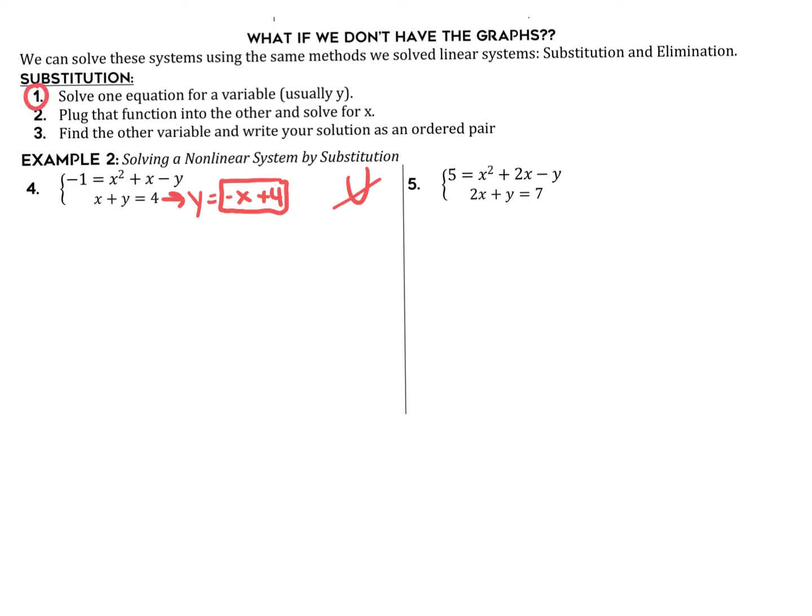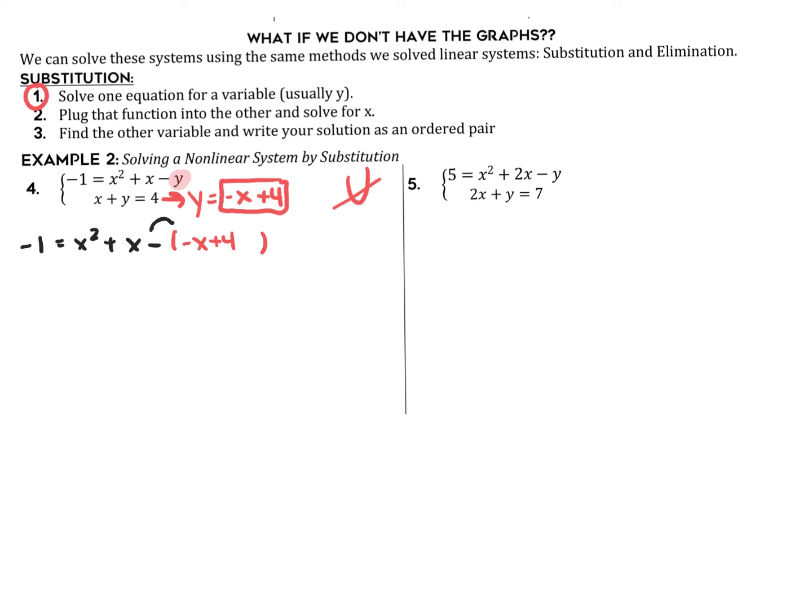Now I'm going to take that equation and plug it into the other equation, the one I haven't used yet, everywhere that I see a y. So that equation says -1 equals x squared plus x minus, and then I'm going to replace y with -x plus 4.